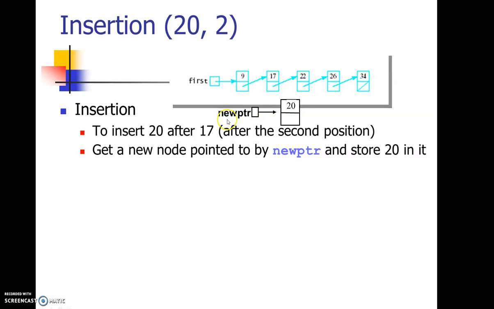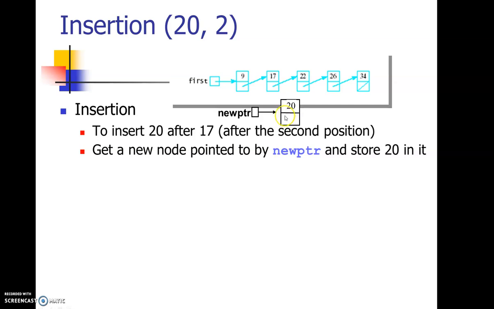Say we name this pointer new PTR, indicating the new location that the operating system reserved for us for the insert operation. Then we need to put 20 into the data part, because that's the value that we want to insert. That is what I mentioned earlier, the first step of the insert operation.